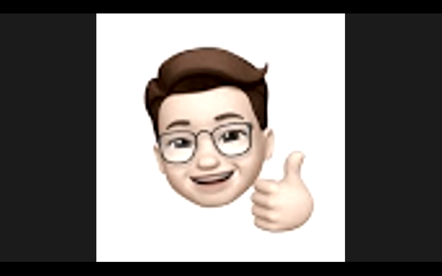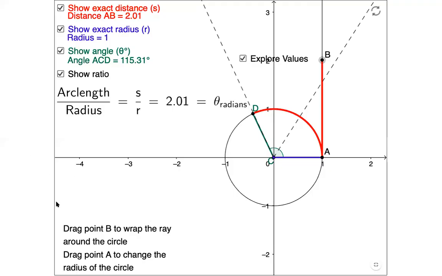Ay, nawala. Makancel ko ba? Wait lang, guys. Ang ganda nitong topic na to. Okay. So this is equal to, okay, sabi natin S is equal to theta R, di ba? Since we're talking about the radian, so theta is equal to S over R. Ayan. So eto guys ay 2.